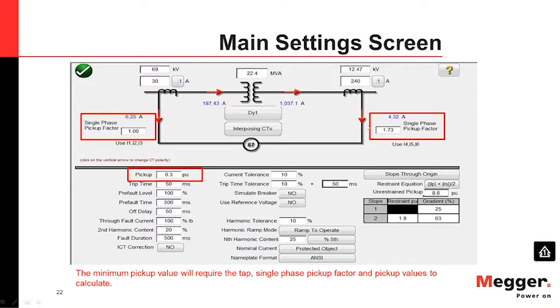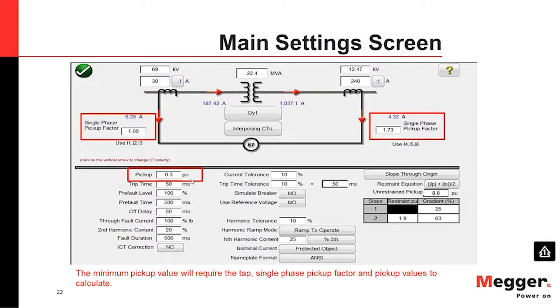It is defined when you have a delta Y, and you need to put the pickup factor like 1.73. In some cases it's 1.5. So it depends from relay to relay, and those are usually written in the relay manual.